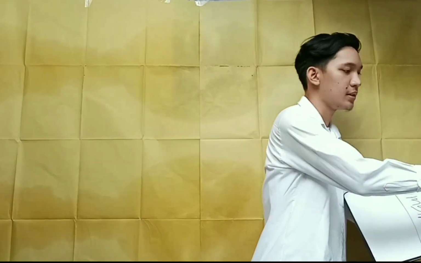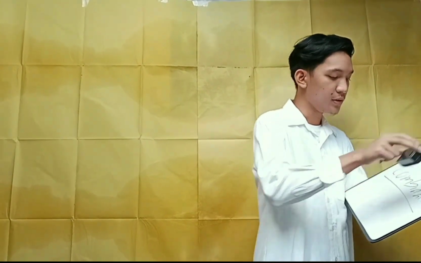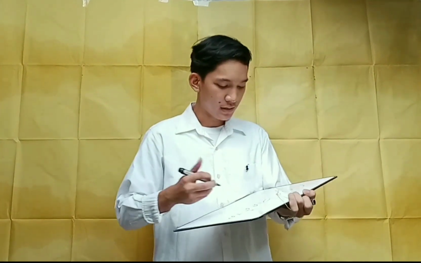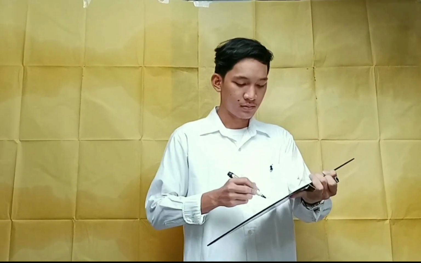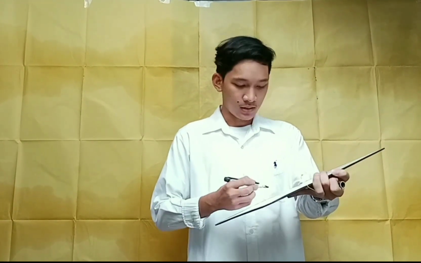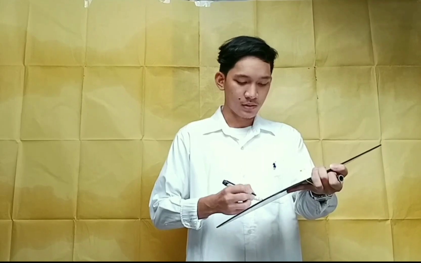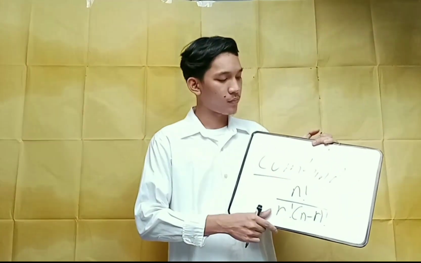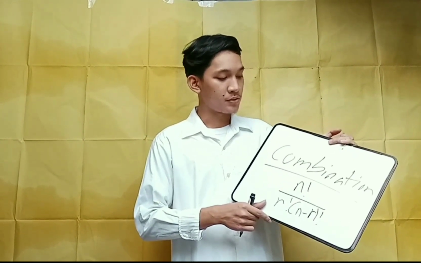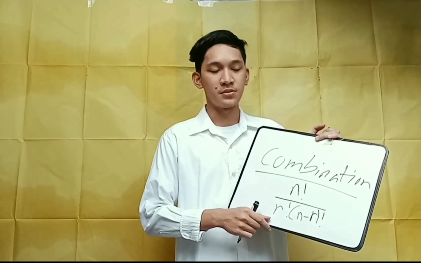Take note that the formula for combination is n factorial over r factorial times (n minus r) factorial. So this is the formula that I'm going to use in the combination.